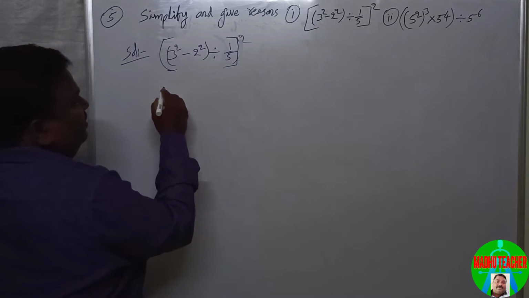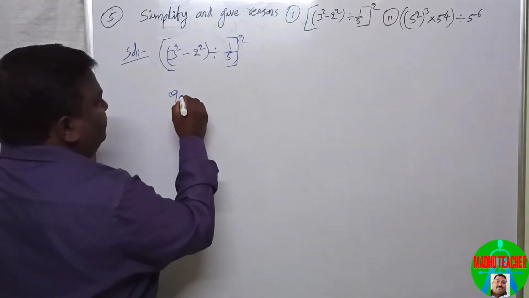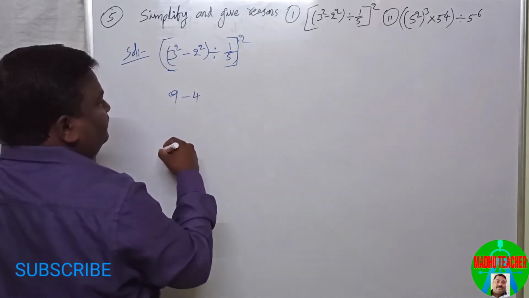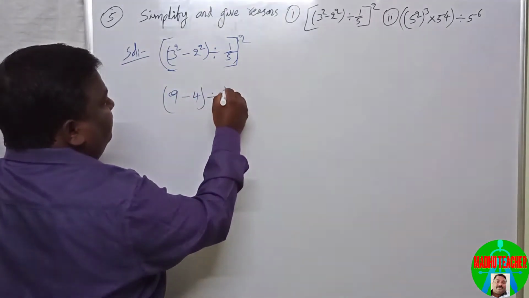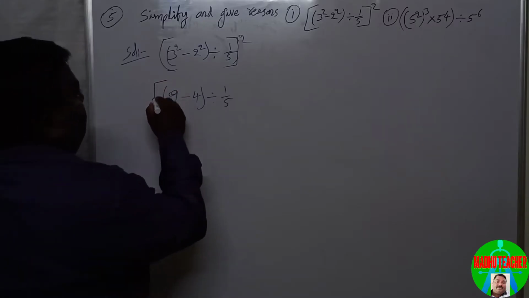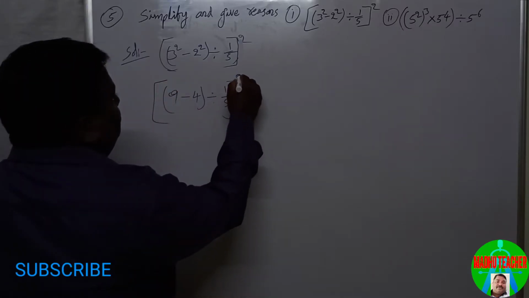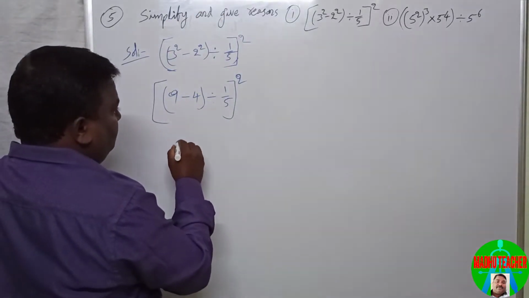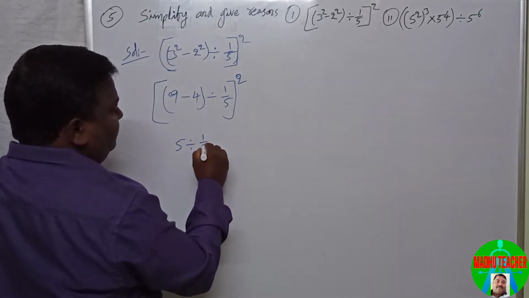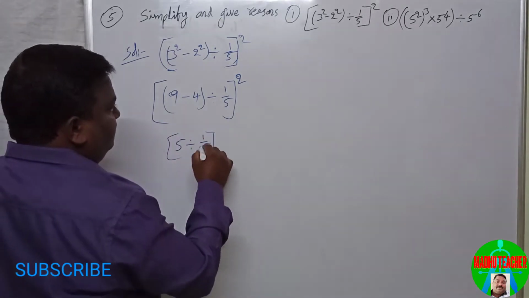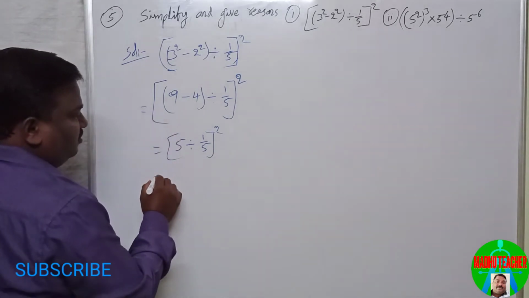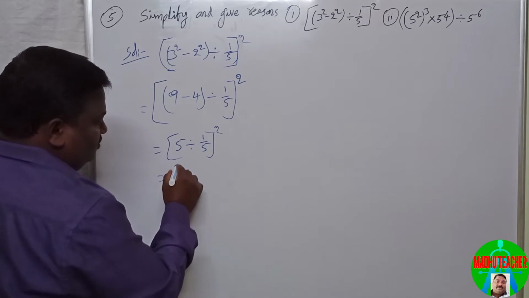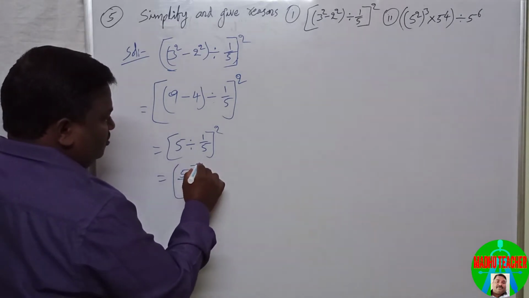So here 3 square is 9 minus 2 square, 2 to the power of 2 is 4, divided by 1 by 5 whole to the power of 2. 9 minus 4 is 5. 5 divided by 1 by 5 whole to the power of 2.